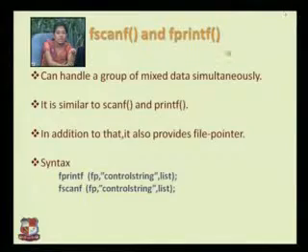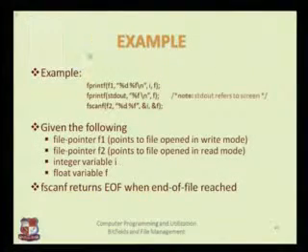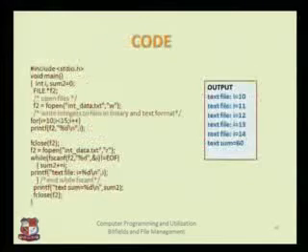Here you can have mixed data. Let us see one example: fprintf f1 %d %f, meaning at the same time you can have float as well as integer data. If I place stdout, the data will be printed on the monitor screen. If I give f1, f2, then those particular files will be referred.